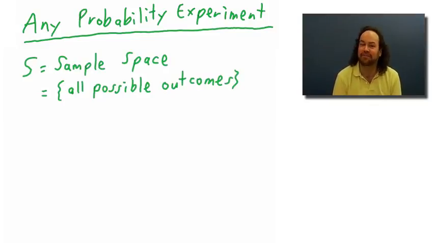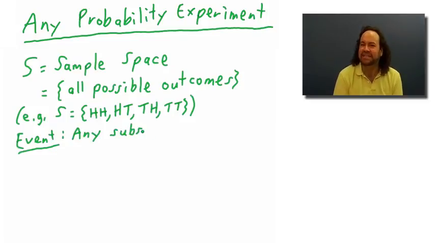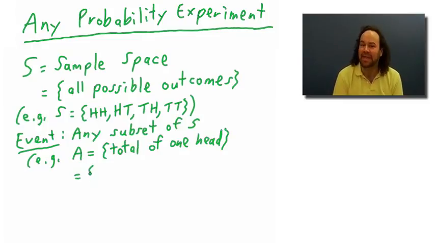For example, in the experiment I just described, it's the set of heads heads, heads tails, tails heads, and tails tails. So that's the sample space. Then we can say that an event is any subset of S. For example, it could be the event that we get exactly 1 head. That would be an event because it's a subset of the sample space.